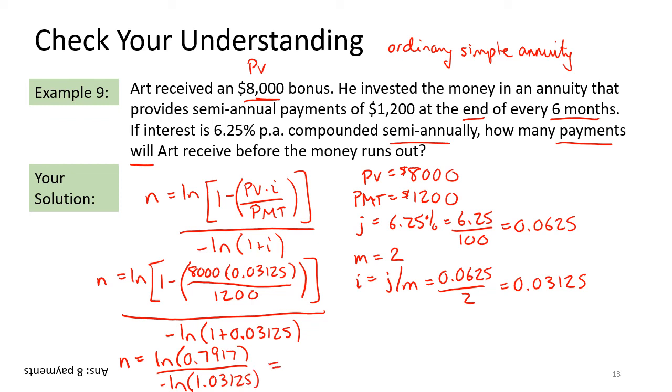If you place those in your calculator, you get negative 0.2336 divided by negative 0.03077. Remember, the negative on the denominator comes from the fact that this is the negative ln. You calculate that out, you get 7.6, or in other words, again, rounding up, Art would get about 8 payments before the money runs out.